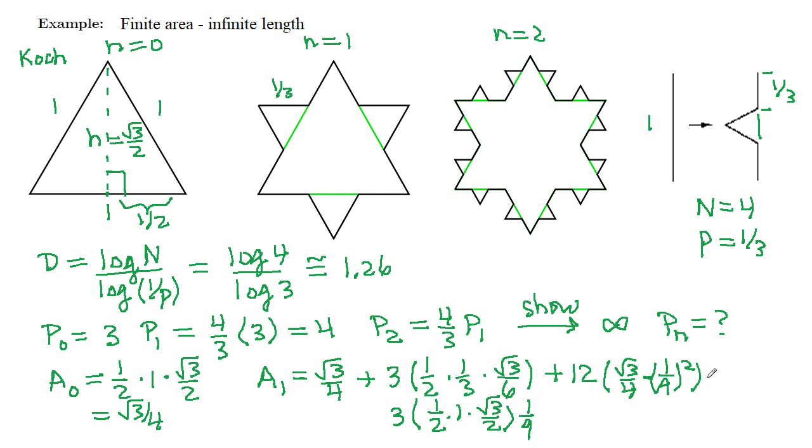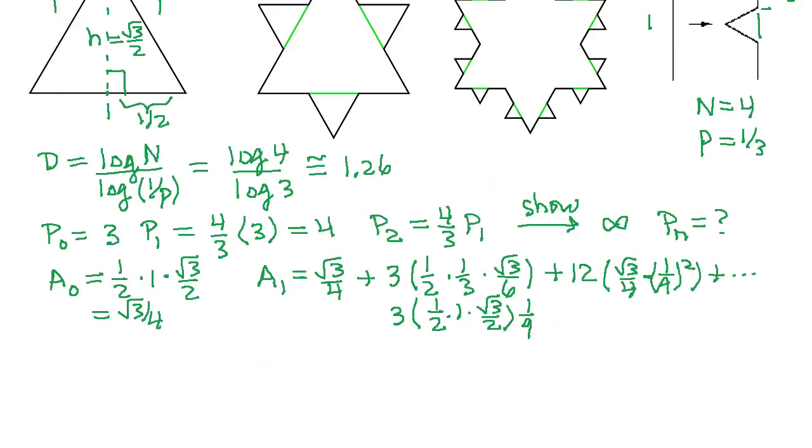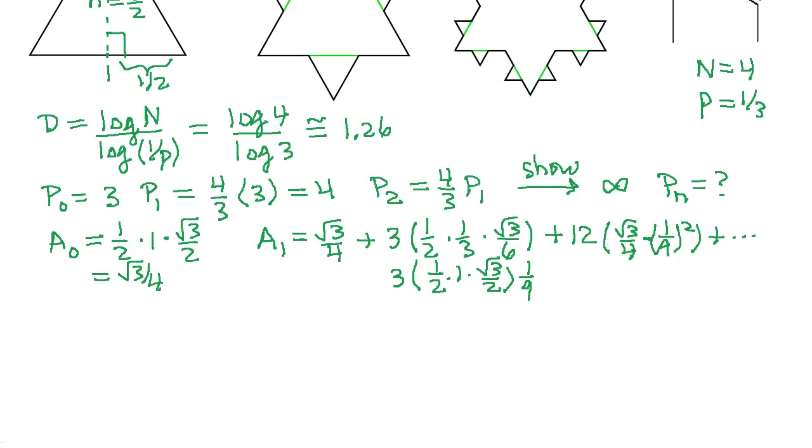And you can keep this process going here. And we want to know, what's going on in general? So I'm writing an expression for A sub n in terms of the original area. The first one would stop here, and then A2 would stop here. So we've got √3/4, plus 3 times √3/4 times 1/9.